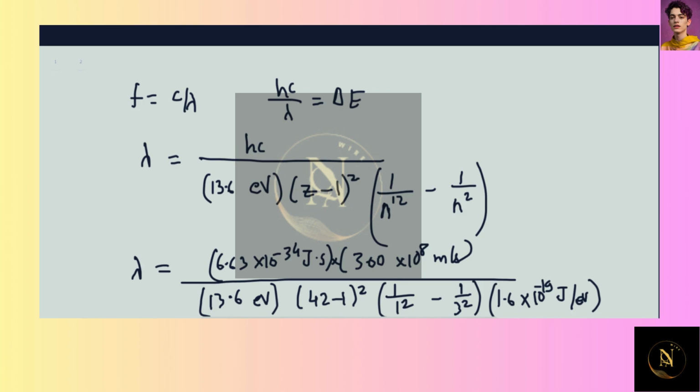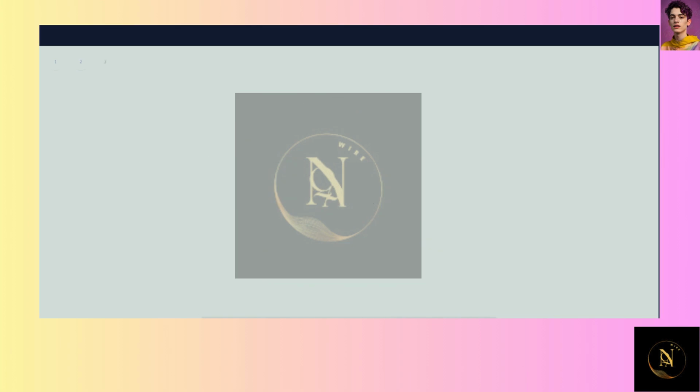So basically the joules cancel with the joules, the electron volt cancels with the electron volt, and the second cancels with the second. So we have the unit for wavelength.